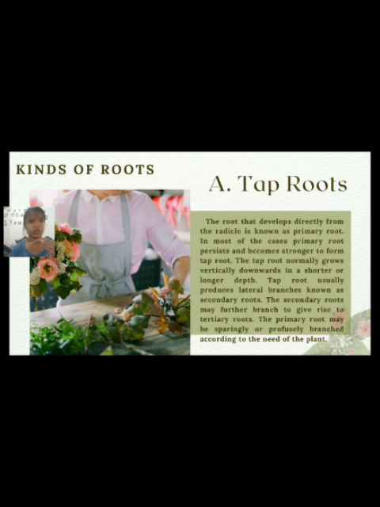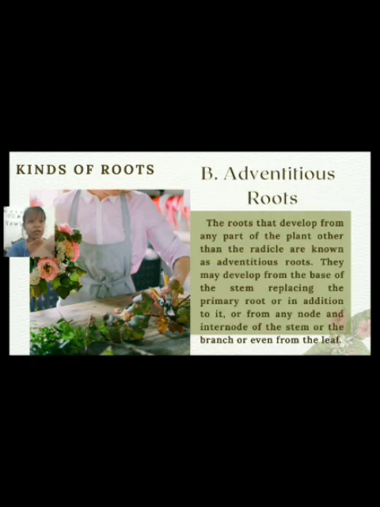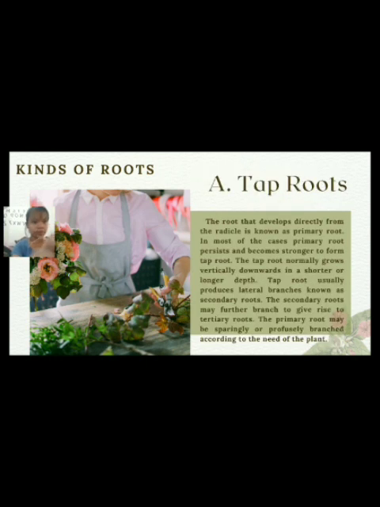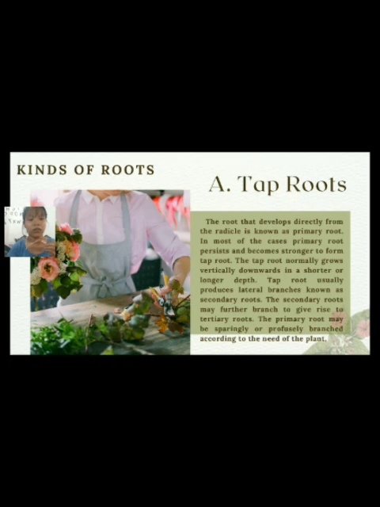I'm going to talk about the kinds of roots. There are two kinds of roots: the taproot and the adventitious roots. Taproots are the kind of roots that develop directly from the radicle. So they are the main roots of a primary root system, growing vertically downward into the soil.